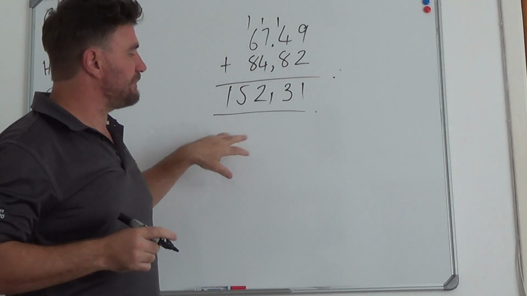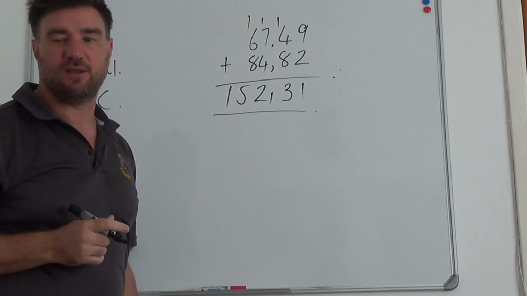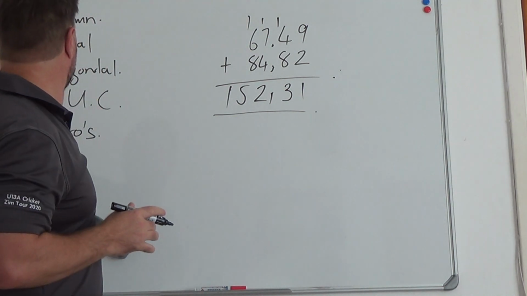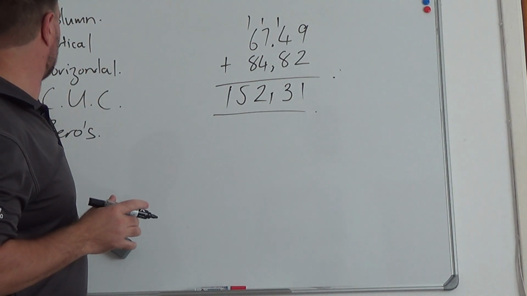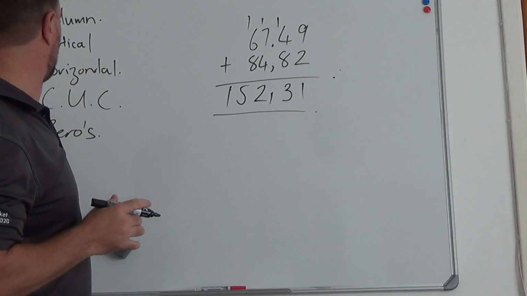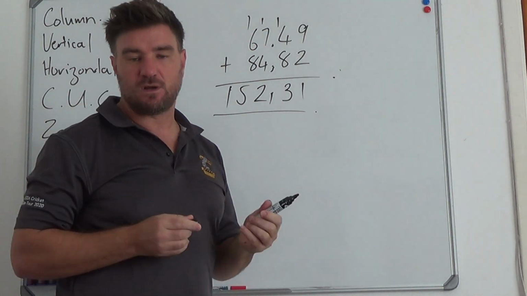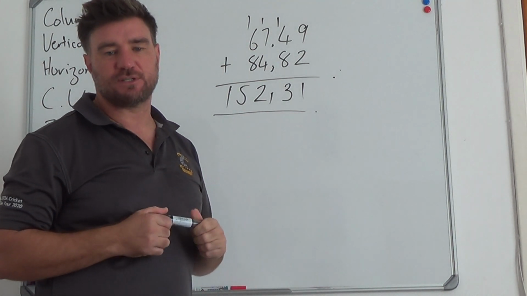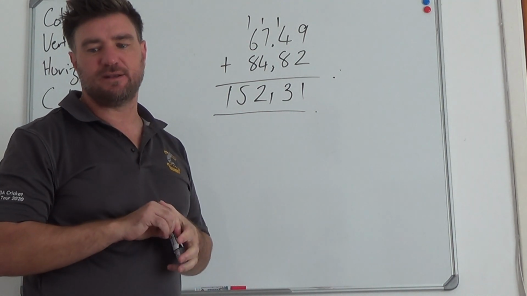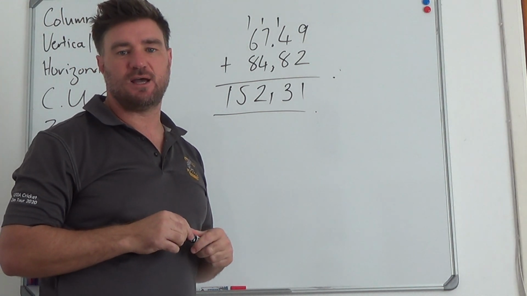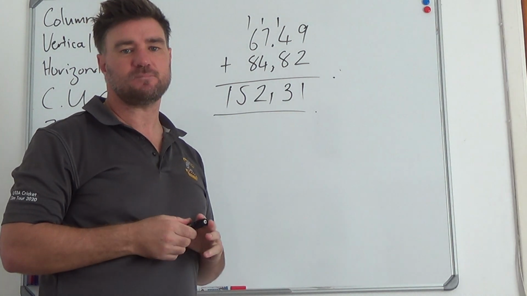Whenever you've got a space, you just put a 0 in there and you'll be fine. So: columns, verticals, horizontal, commas under commas, and zeros as placeholders. I think that pretty much sums it up. All the best, guys, and all your teachers are here for you. If you need any help, just get a hold of us. All right. Thanks, guys.